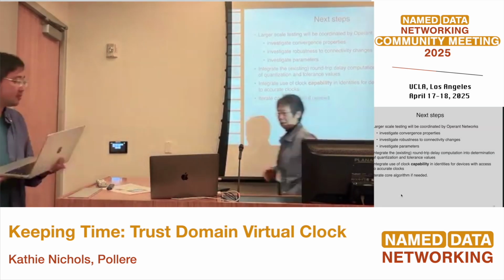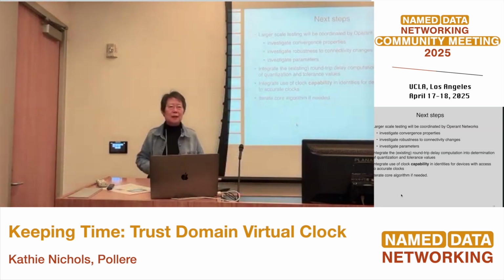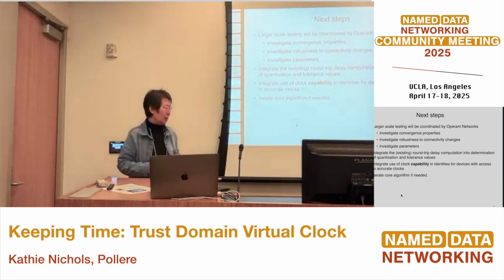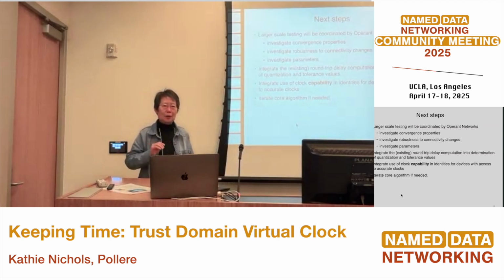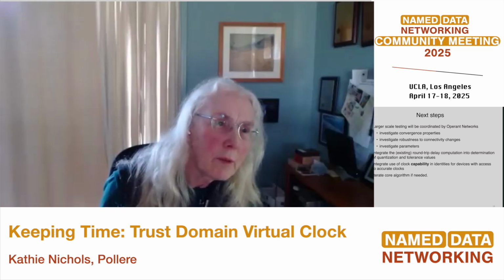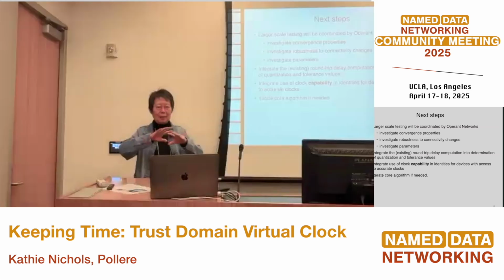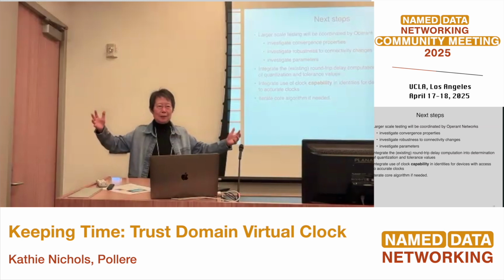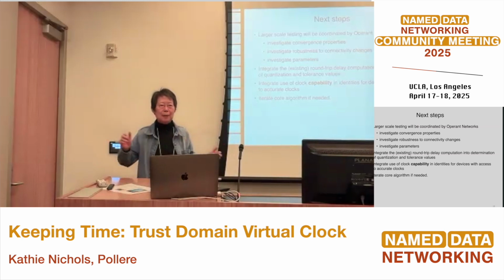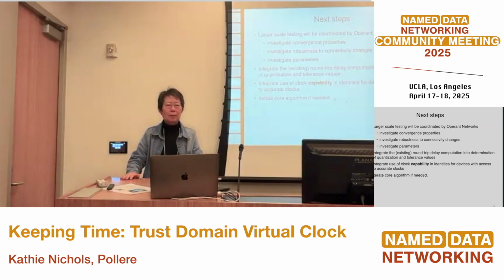Thanks, Randy, for that explanation. That's very important. My question actually leads to the next one. What is the scale of this virtual clock? What do you mean by scale? That is, how big is the system you have to synchronize? Right now it's small, but eventually it will be tens of thousands of things, but they'll be in sub-trust zones.